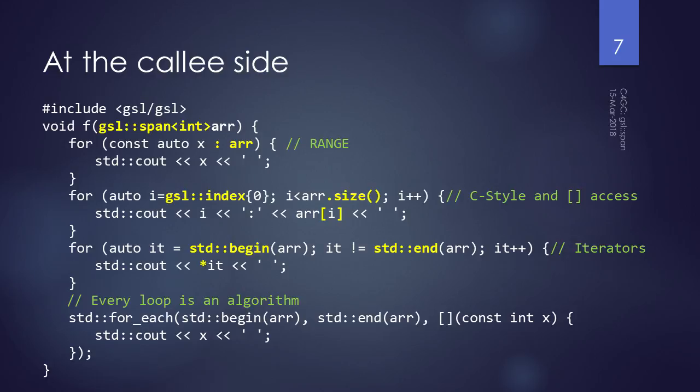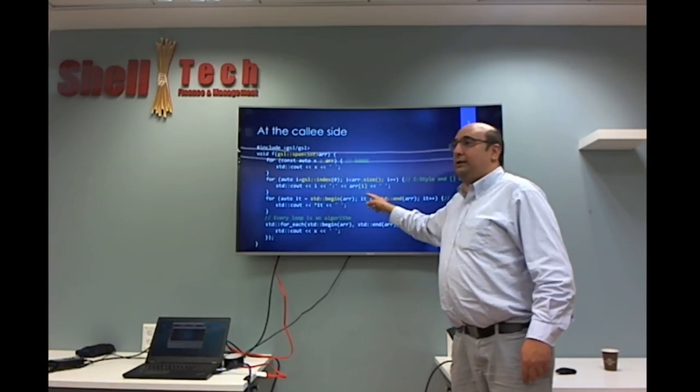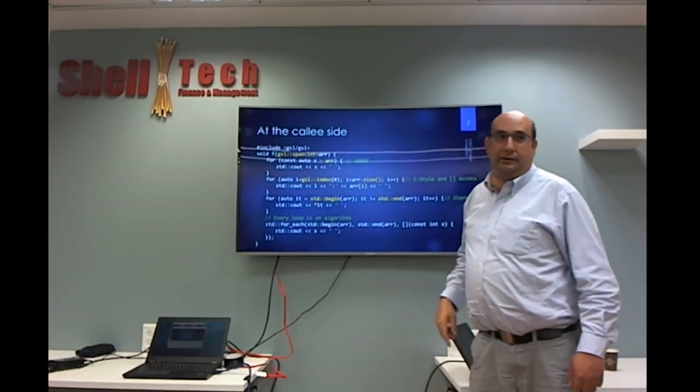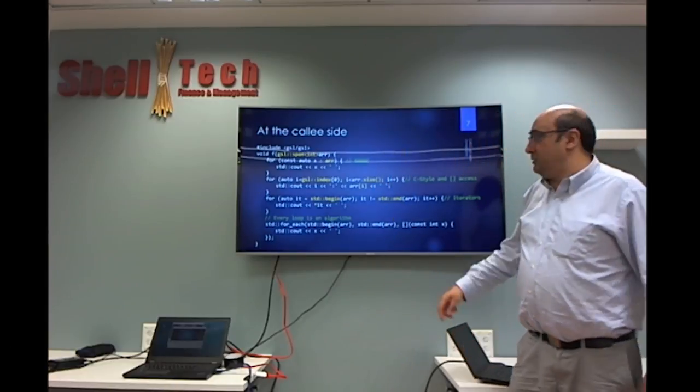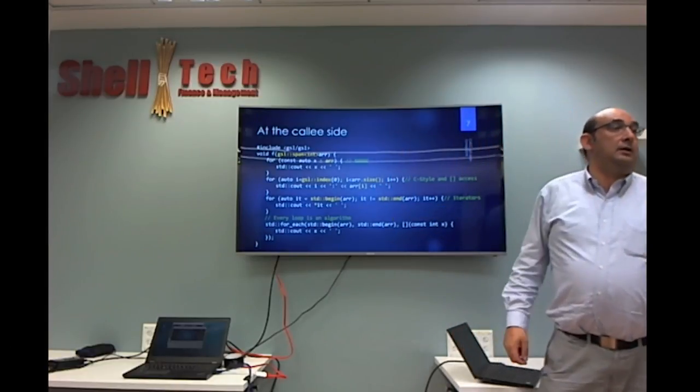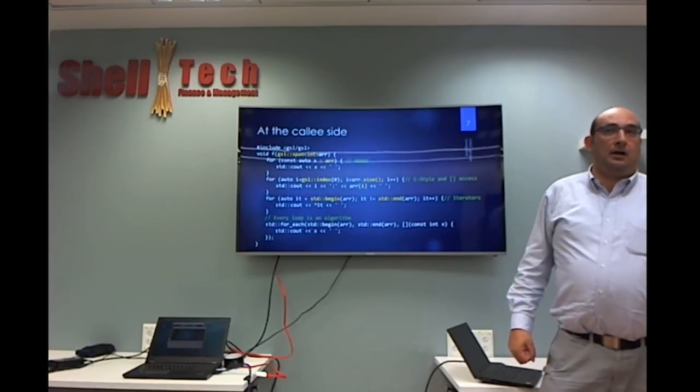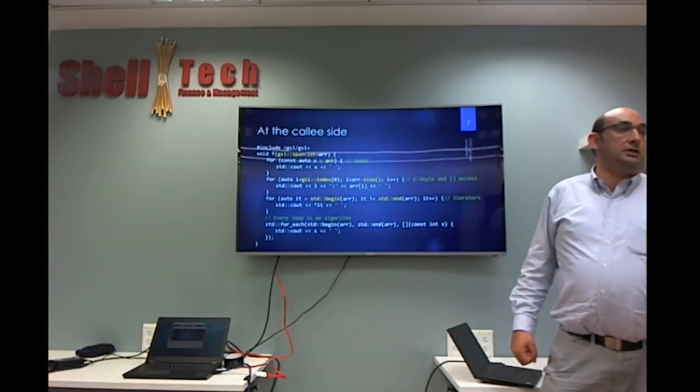Array operator. This array operator is checked. That means that if you are going out of bounds, which you will see at home with the examples, you get either an exception or terminate. So each access you pay the price of the branch.